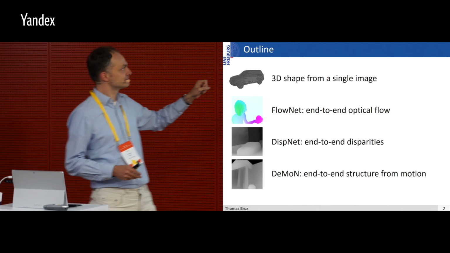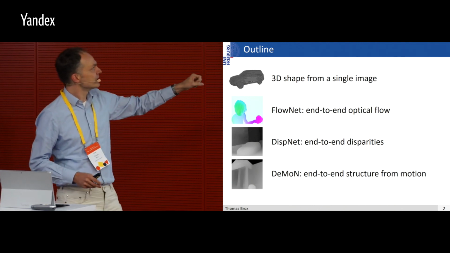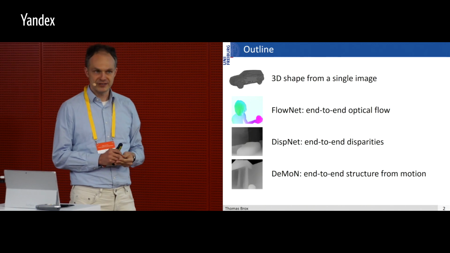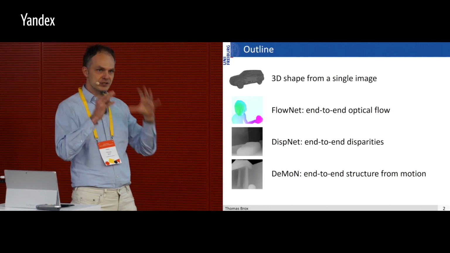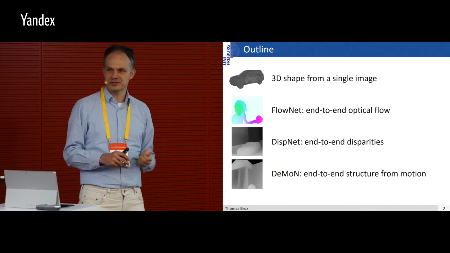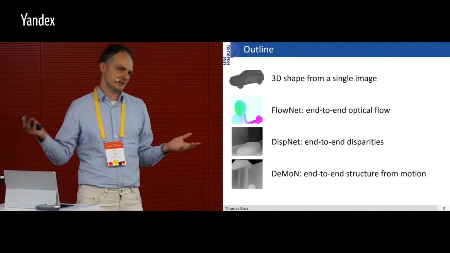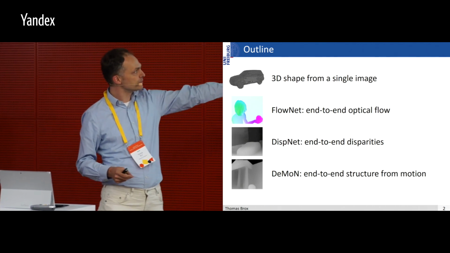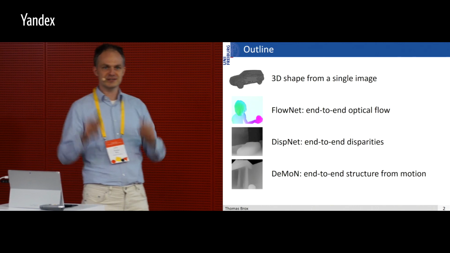four different topics, four different networks. The first one will be on 3D shape from single images. So it will only take a single image as input and will hallucinate the rest of the object from knowledge that it has obtained from the training data. And then the other three works will be based on two images.